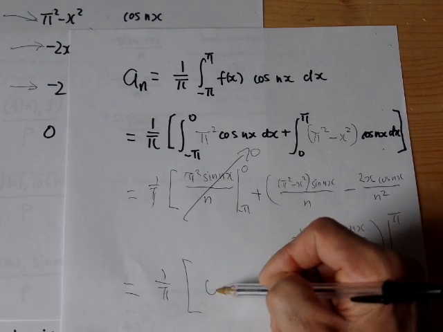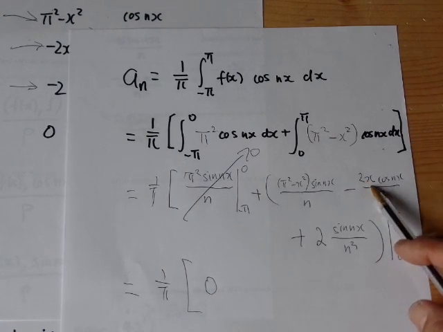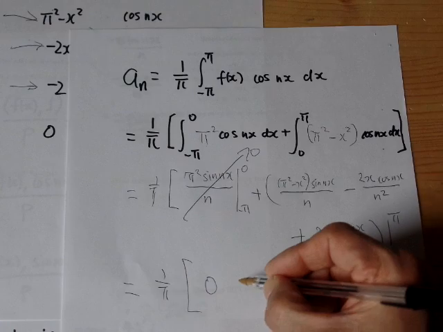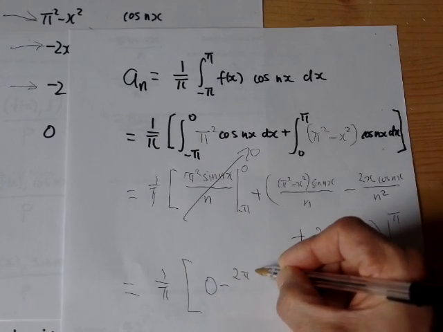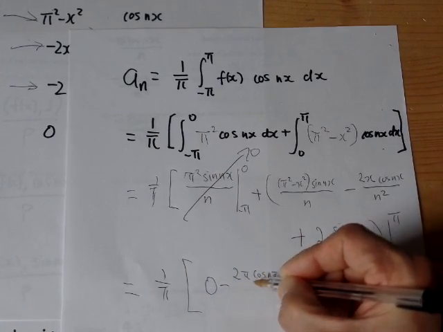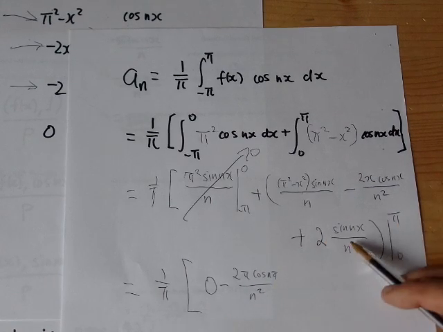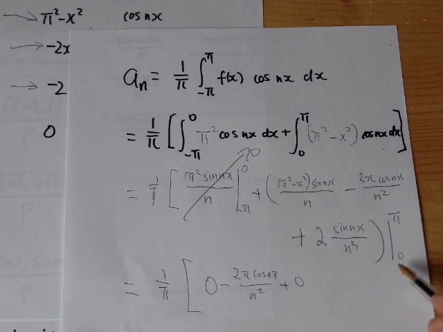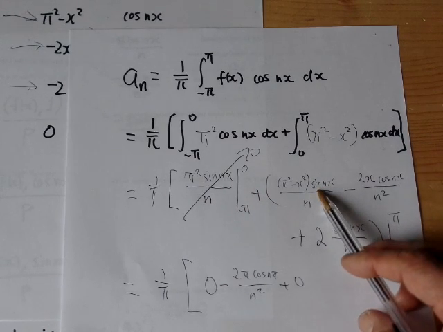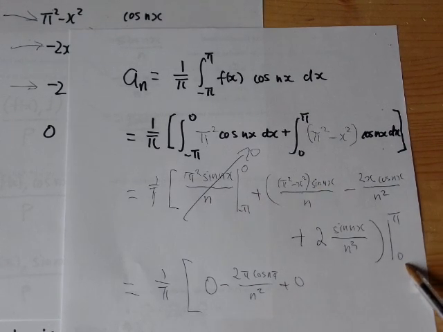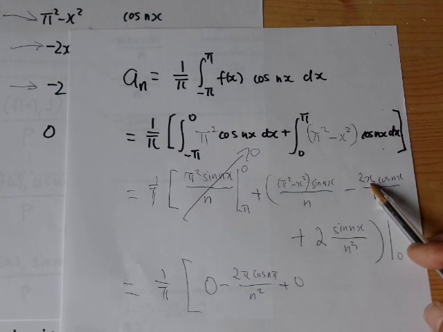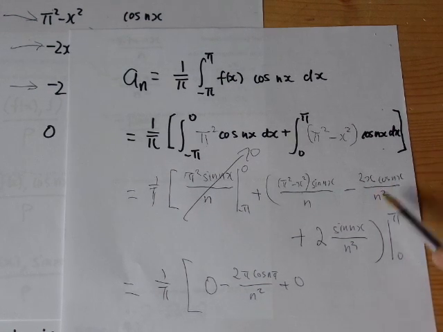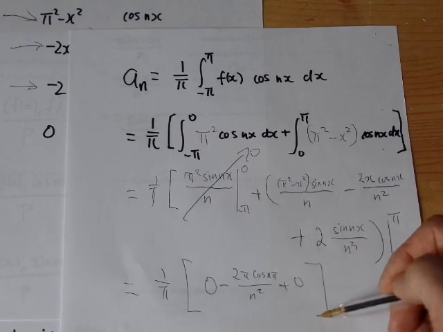And this will be 2 pi cosine n pi. And that will be 0 because sine of n pi is 0. And if you substitute 0 inside, you're going to get 0 because sine of 0 is 0. And you're going to get 0 here because 2 times 0 times cosine 0 is 0. So this is what we get for an.